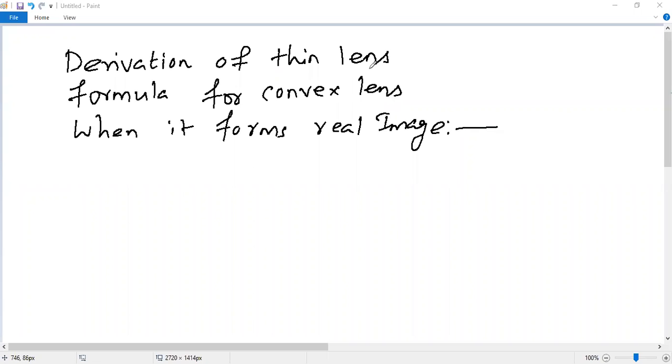Now we'll discuss the derivation of the thin lens formula for a convex lens when it forms a real image. We already know the lens formula. What is the lens formula?